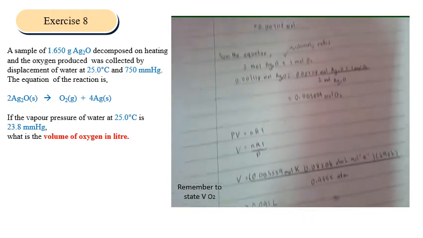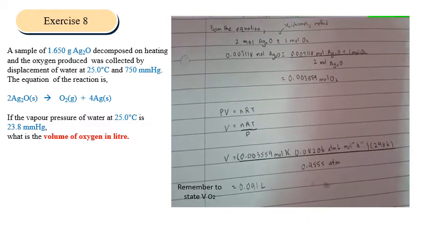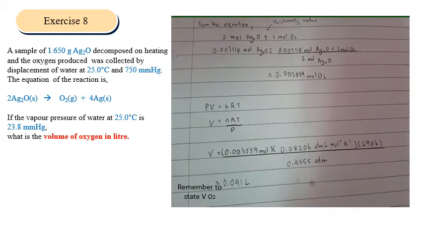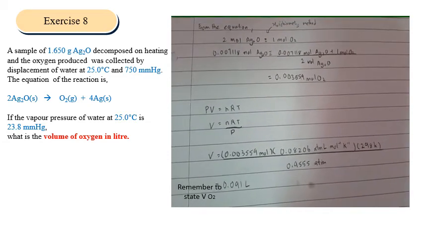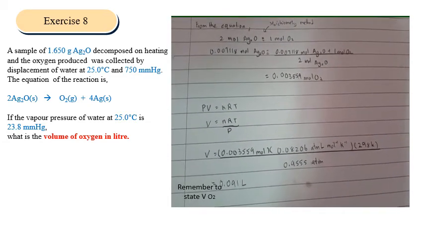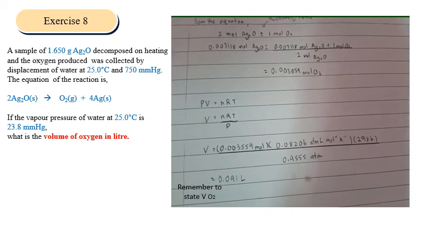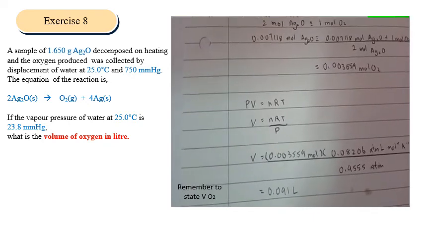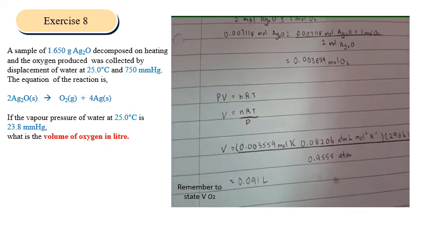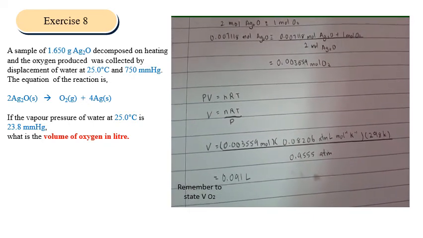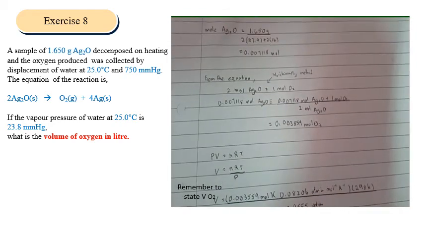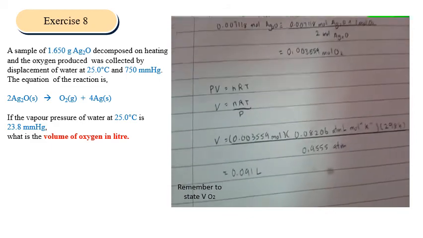After that, we need to find the volume of the oxygen in liter, and from this formula we need to substitute all the values that we have got from the earlier equations, and that's the answer.